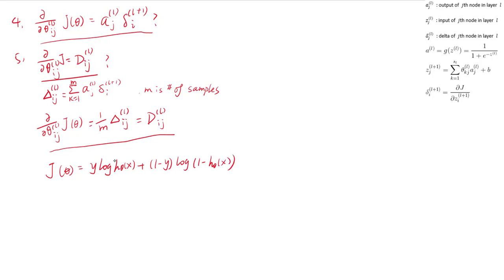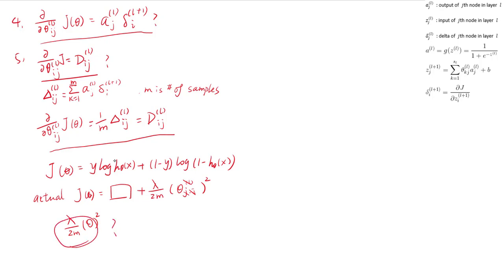However, the actual J theta, the actual cost function, has one more term, which is where we do the regularization. It contains the theta here. If we ignore this index to make it clear, then we need to handle this term for thetas that are not biases. So how do we add this into the above function?